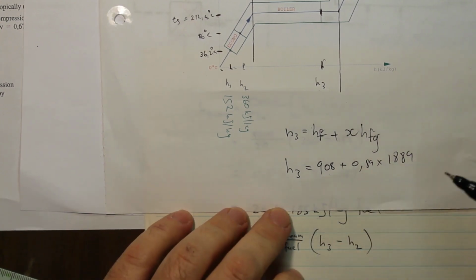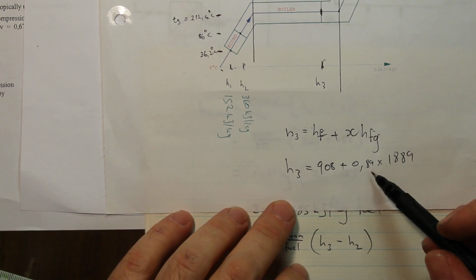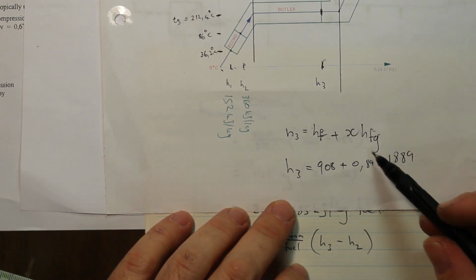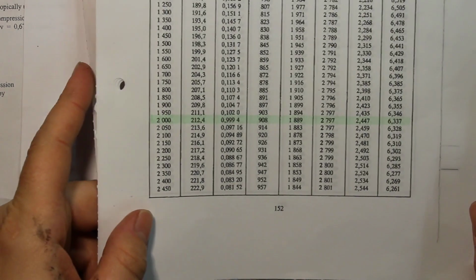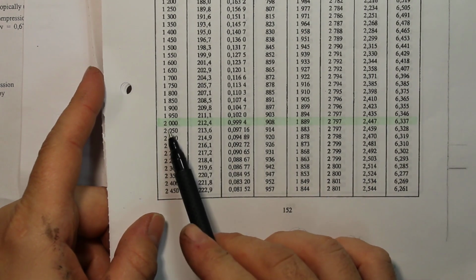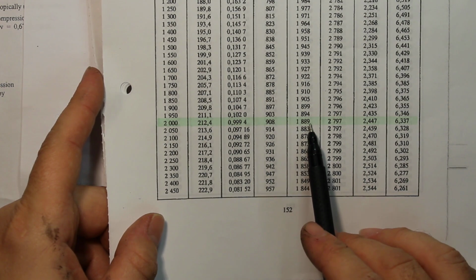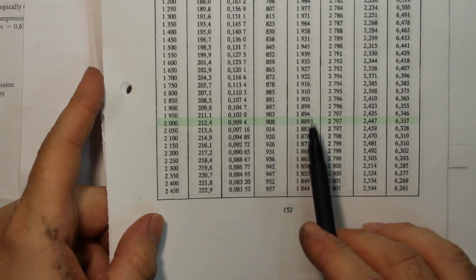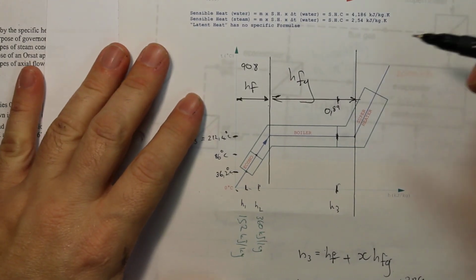Then plus the dryness factor, which they gave us, 0.89, times HFG. So we go back to the steam tables at 2000 kPa, and instead of HF this time, we read off HFG, which is 1889.